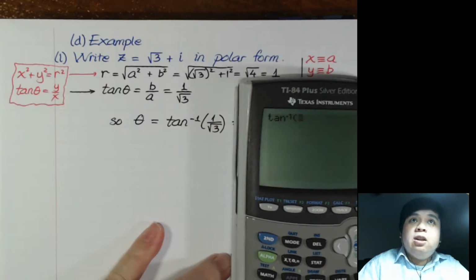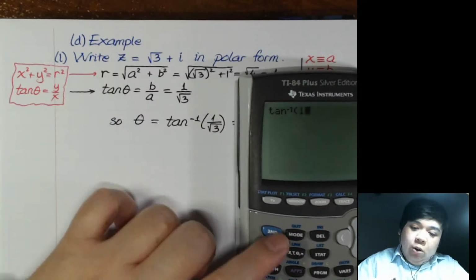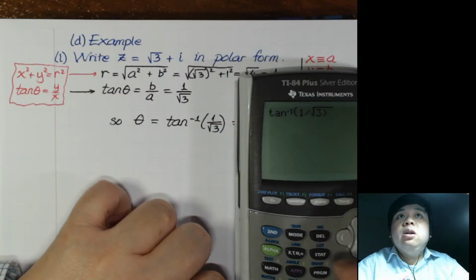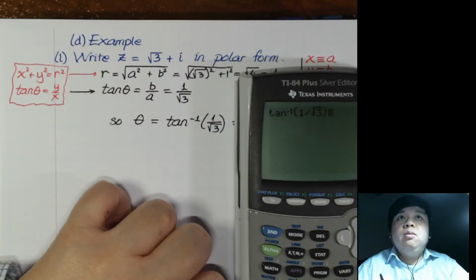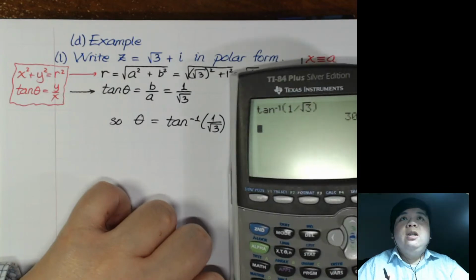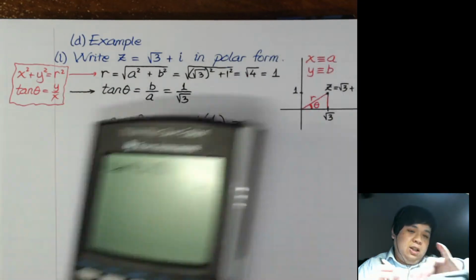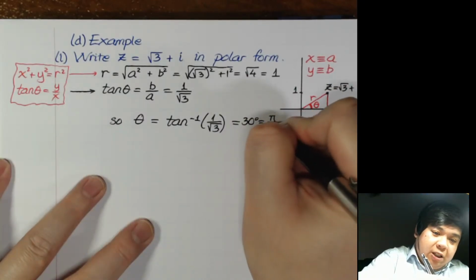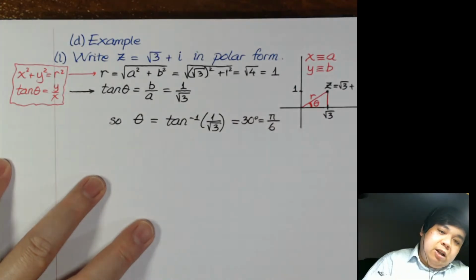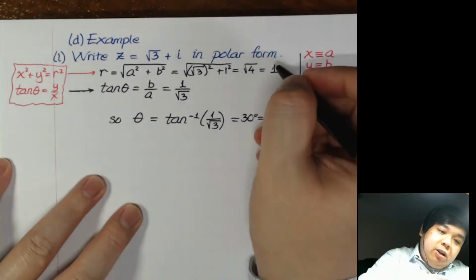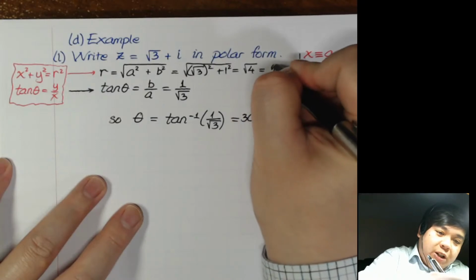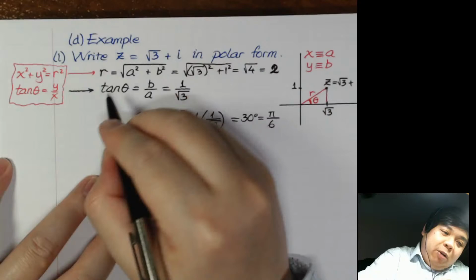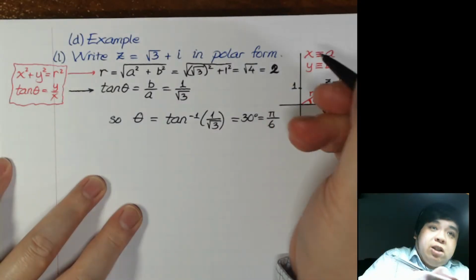Tangent inverse of 1 over the square root of 3. We do that, that is 30 degrees, or pi over 6. So we have the square root of 4 is 2, sorry. So we have r is 2 and theta is pi over 6.